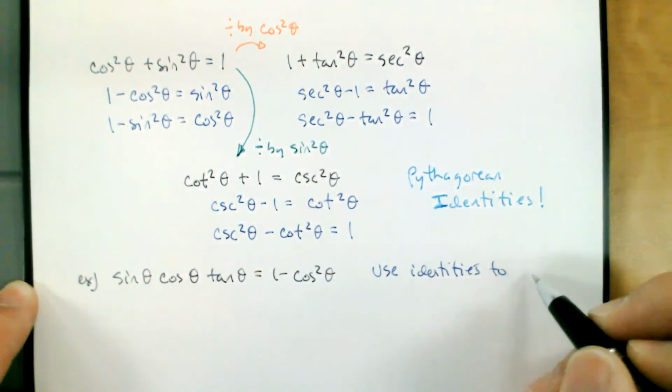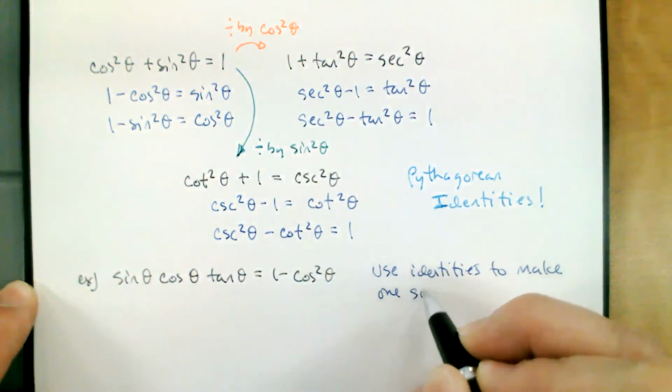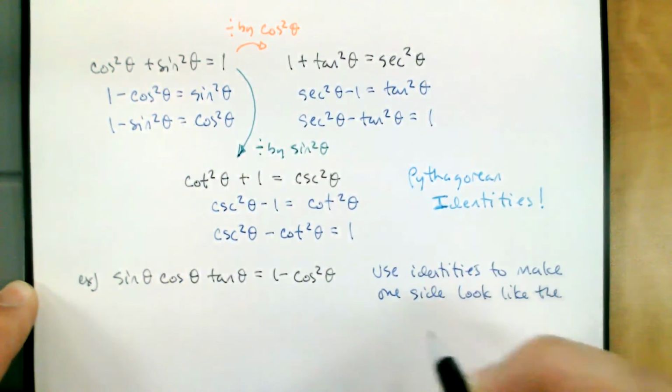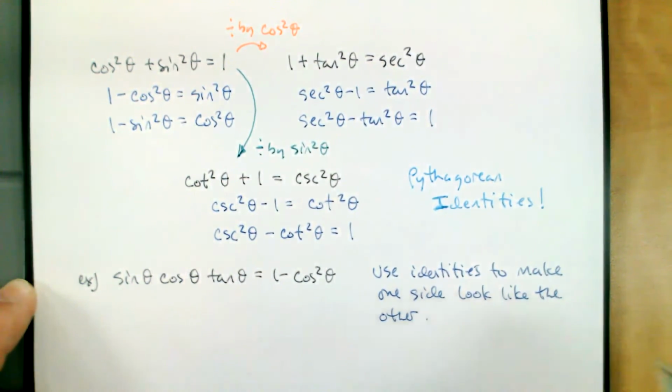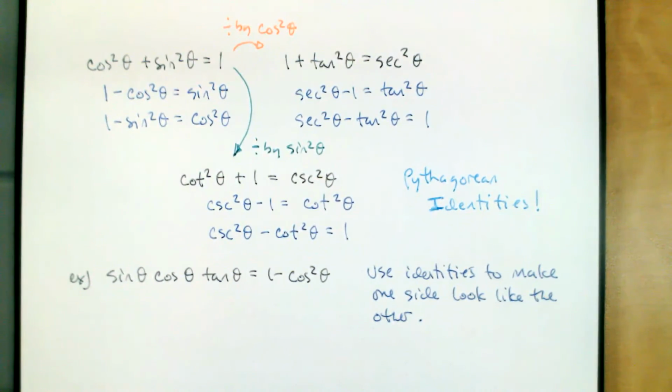The big idea here is we're just going to use identities to make one side look like the other. One thing that we should avoid doing is treating this like an equation that we're trying to solve and doing things to both sides. Don't do stuff to both sides of the equation.